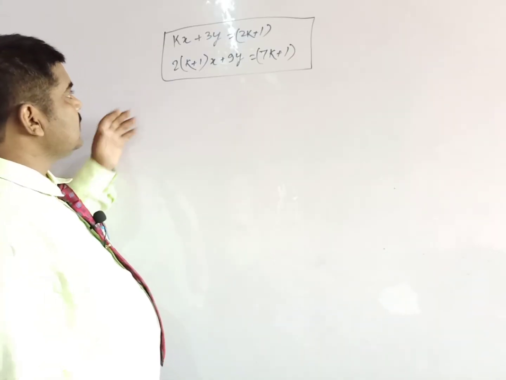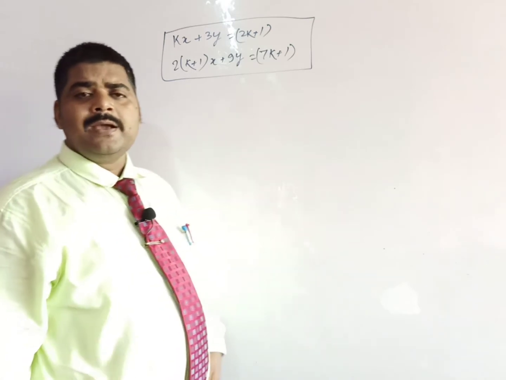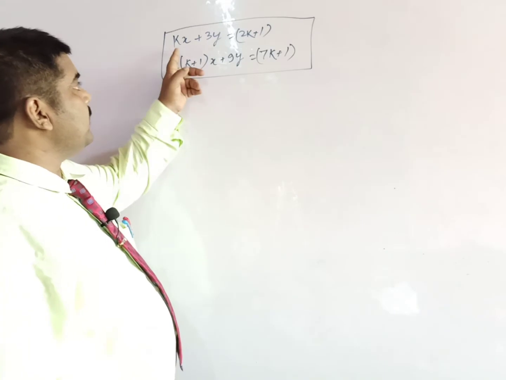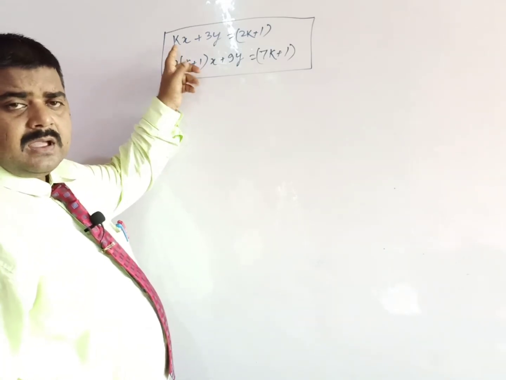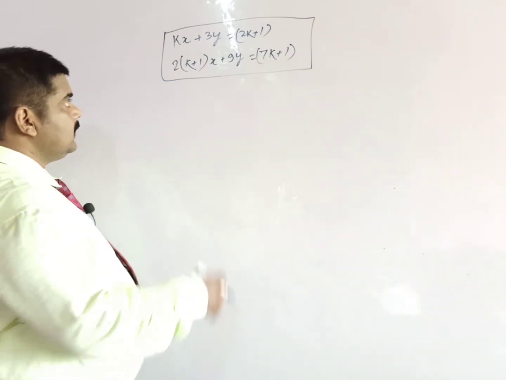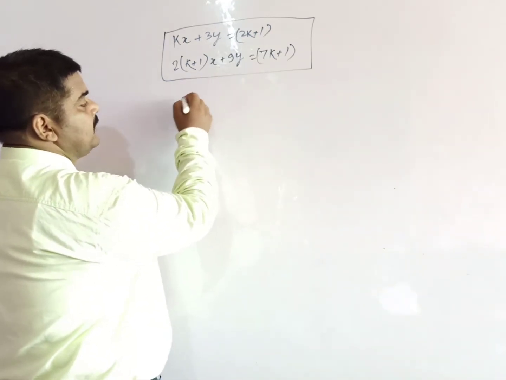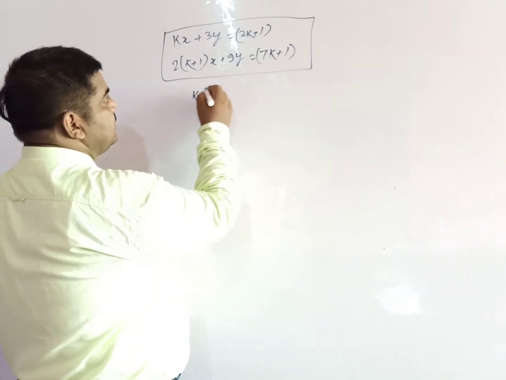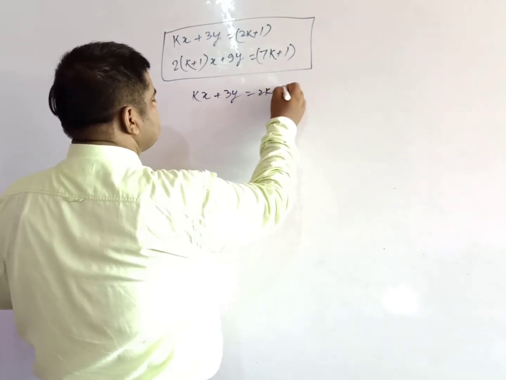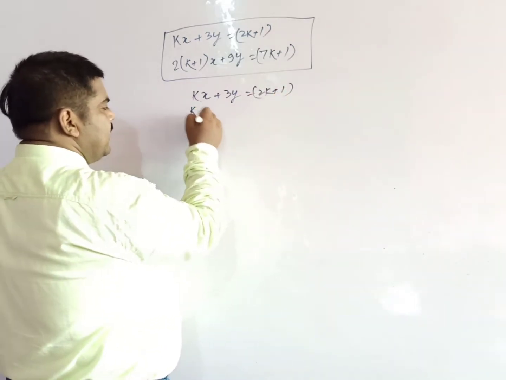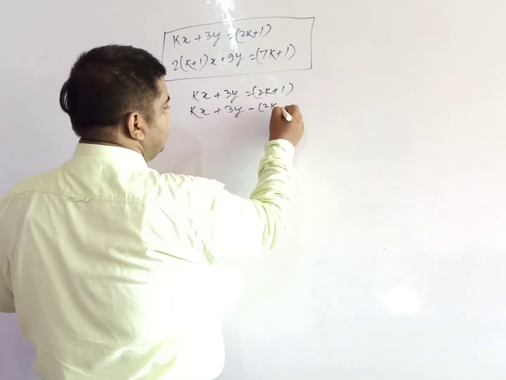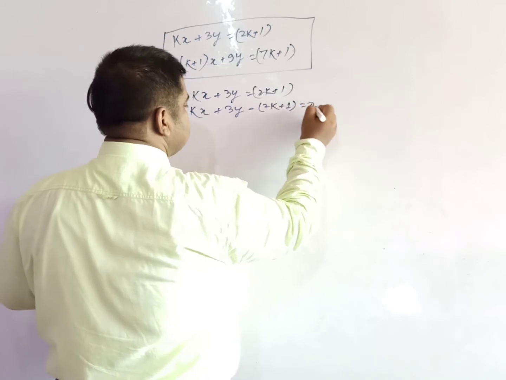My dear student, here two equations have been given, and you have to find the value of k if the system of equations has an infinite number of solutions. For this purpose, at first you have to rearrange them. The first equation is kx plus 3y is equal to 2k plus 1, and if you rearrange, then kx plus 3y minus (2k plus 1) is equal to 0.